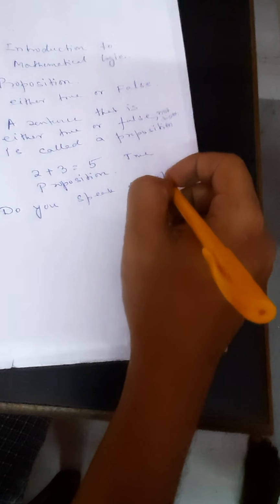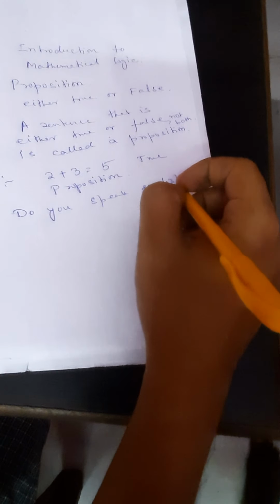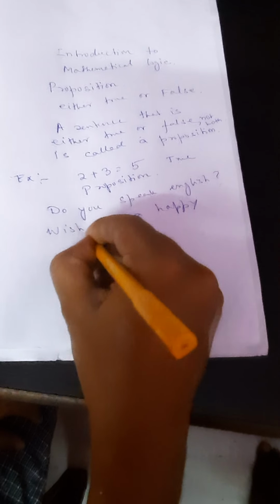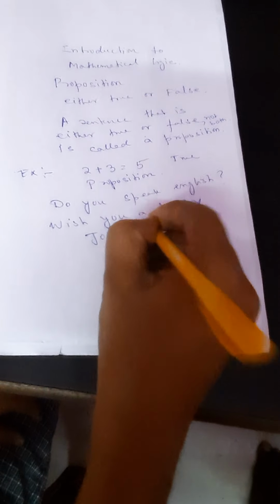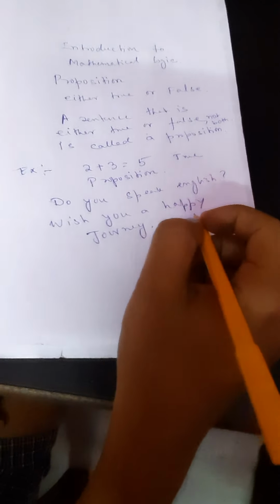This is a question. So this is not a proposition and it is not a subject of mathematical logic. Example: wish you a happy journey. Again, this is not a proposition because this is a wish.